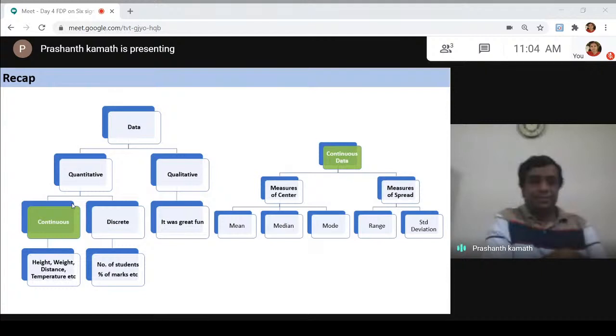Then we saw what is range, that is the highest value minus the lowest value. And then we saw standard deviation, which is a measure that talks about the precision of a given data set or a given process or a business. Okay, so all this we covered relates to continuous data. And I said in quantitative we have something called discrete data as well.